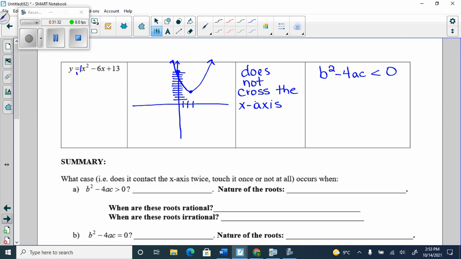Now, this is my A, this is my B, this is my C. So I get B squared, which is negative 6 squared, minus 4 times 1 times 13. So I get 36 minus 52.